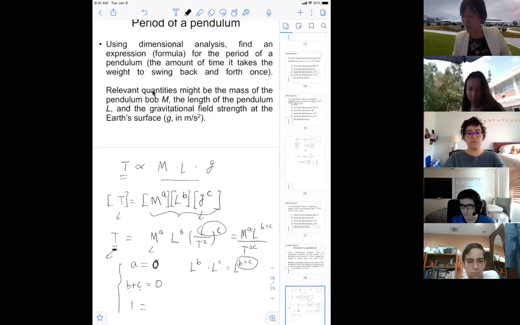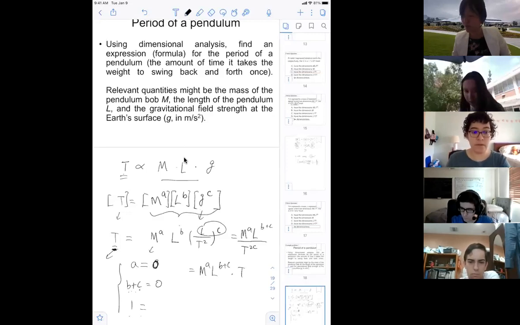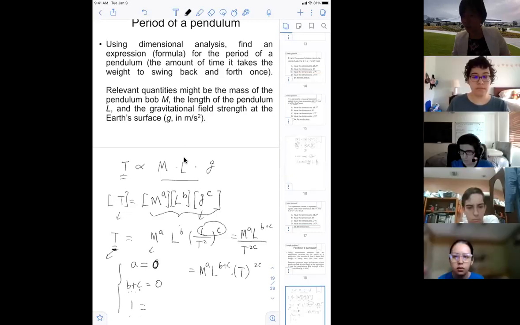So on my right-hand side, I have T to the power of, so I need to set 1 equal to which quantity right here? So this is 1 over T to the power of 2C. So it's T to the power of, is it 2C? Negative 2C? Is that right?